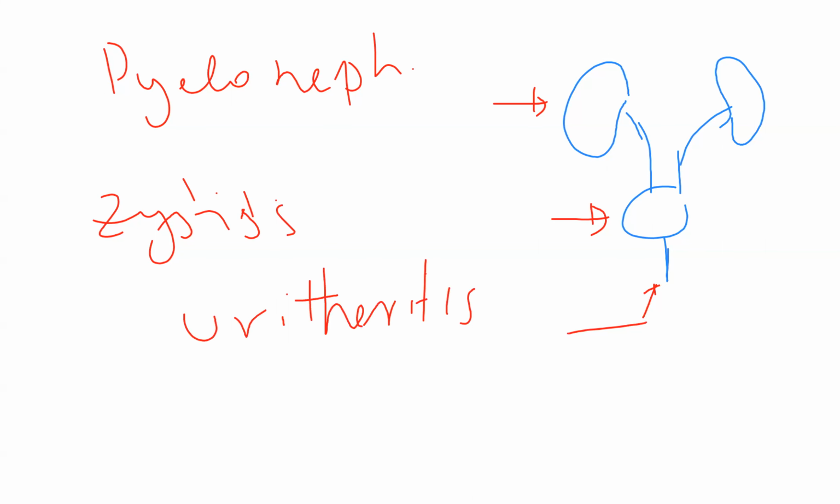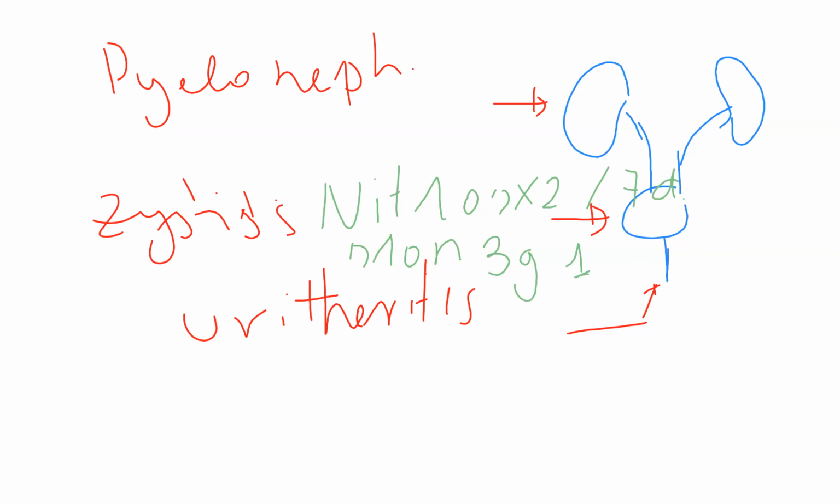The therapy of cystitis first, as I said, it is easy. We give NIT. When I write NIT, it means nitrofurantoin. So we give like 100 milligram 2 times a day for 7 days. Our alternative is Monuril 3 gram only once.